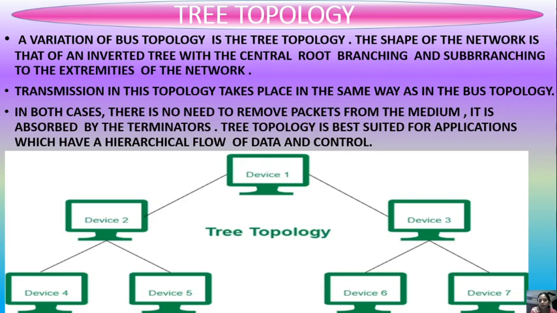In both cases, there is no need to remove packets from the medium. It is absorbed by the terminators. Absorbed by the terminators means the last end devices. Tree topology is best suited for applications which have a hierarchical flow of data and control.